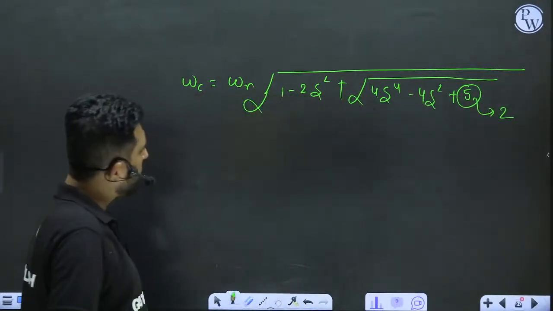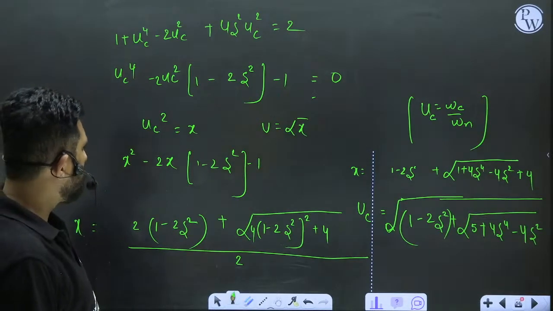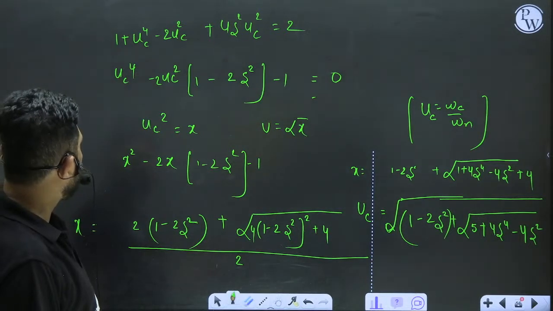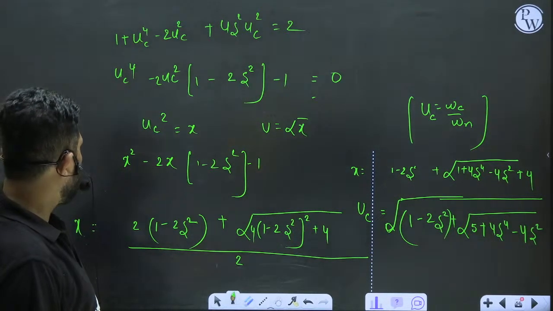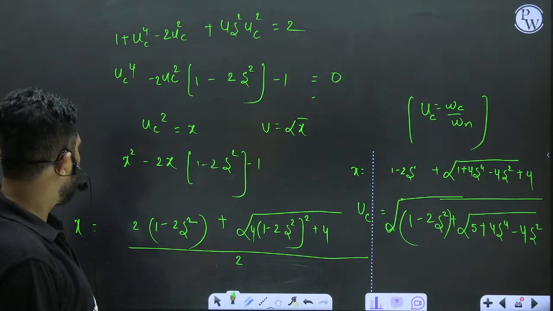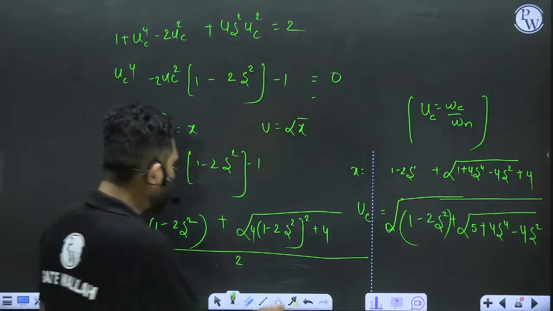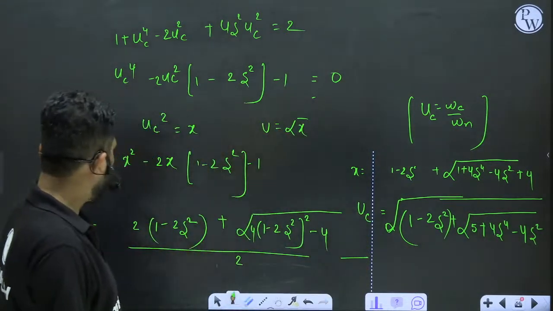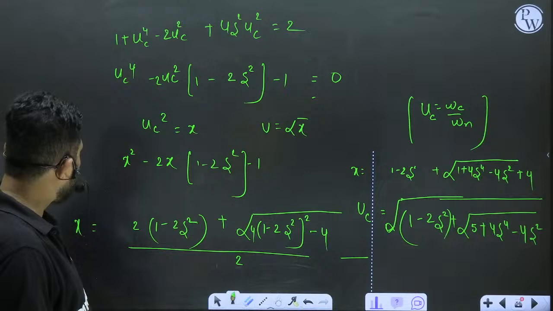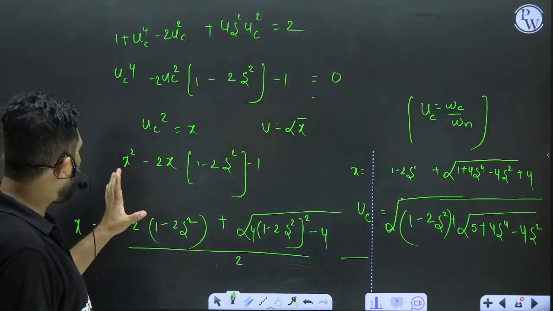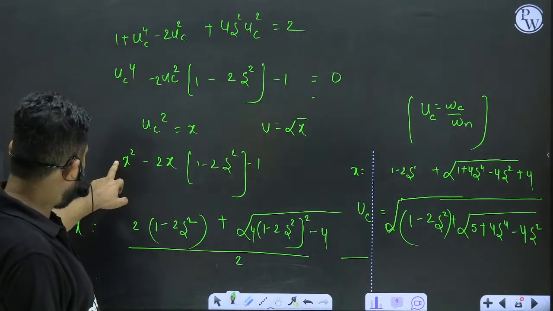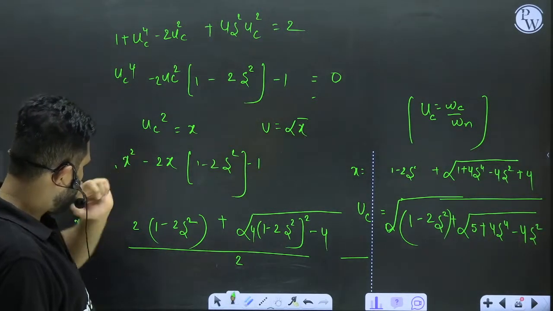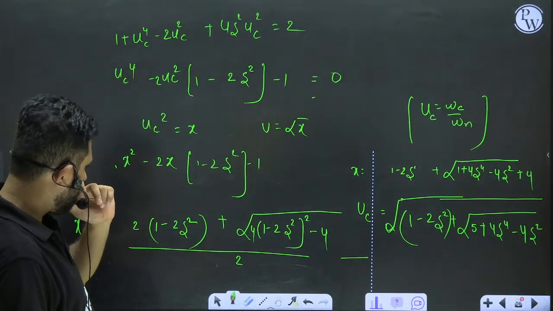Where we made a mistake. Yes, this should be minus, na? Should this be minus or plus? B square minus 4AC. 4A is this one. It should be plus only.